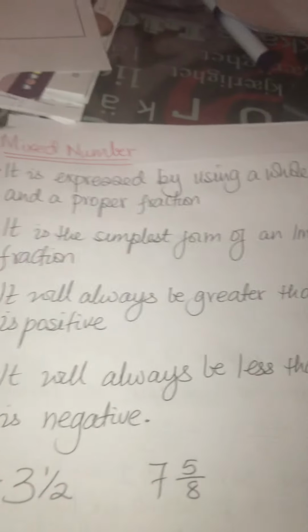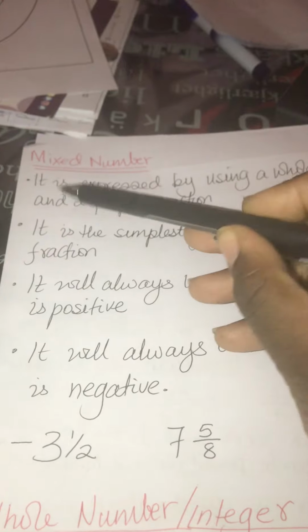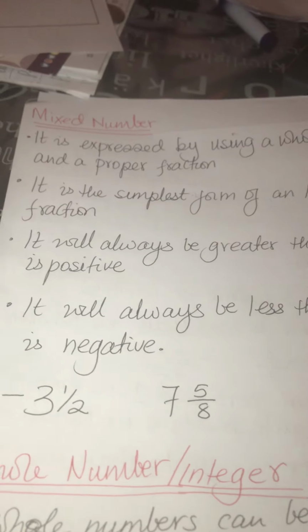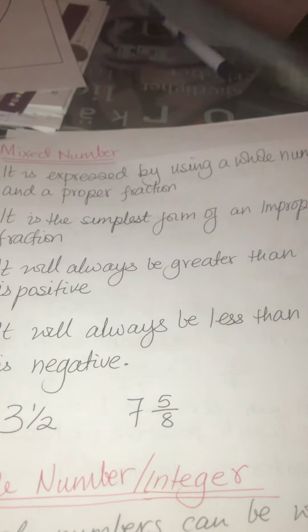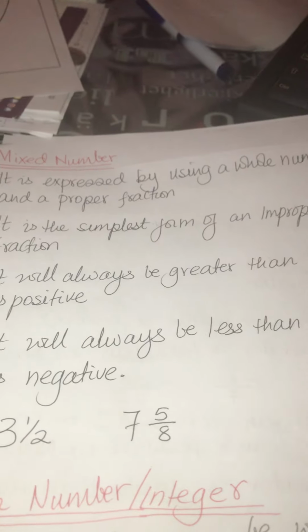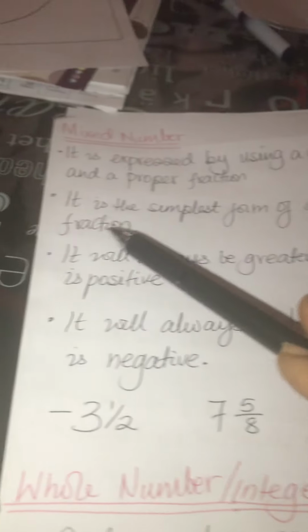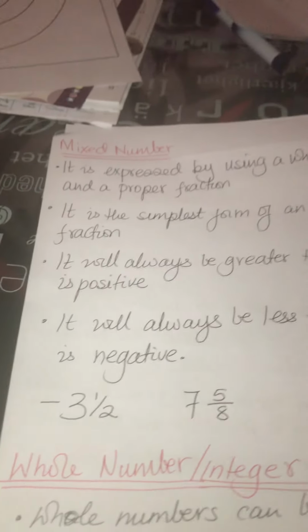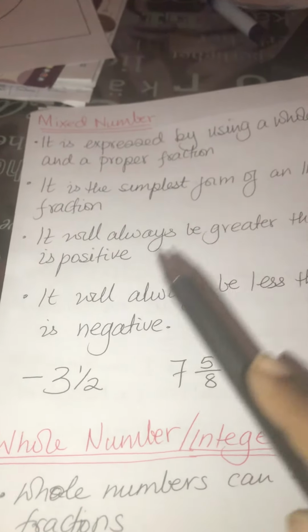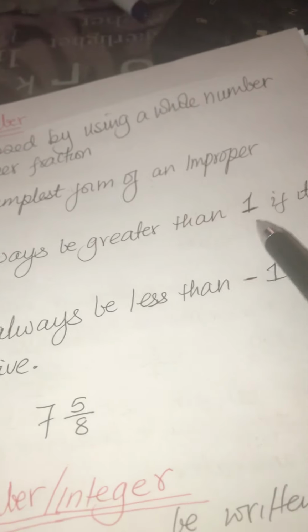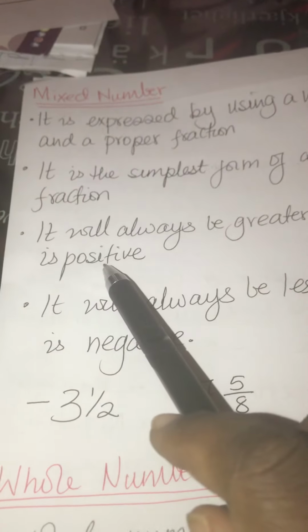Then you have mixed number. It is expressed by using a whole number and a proper fraction. So you need 2 parts: a whole number and a proper fraction. It is the simplest form of an improper fraction. It will always be greater than 1 if it is positive.